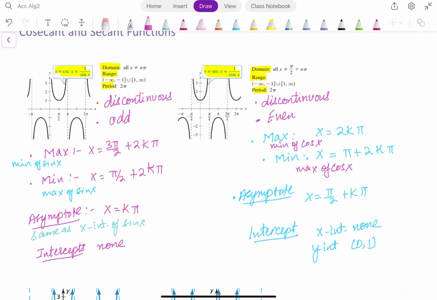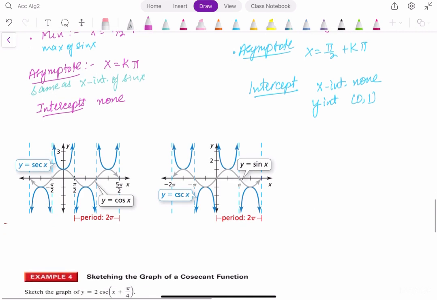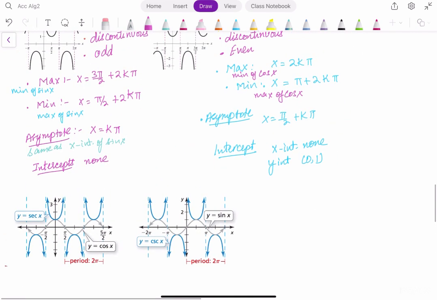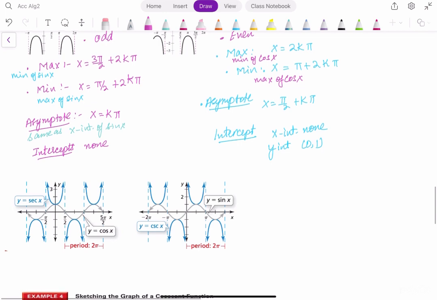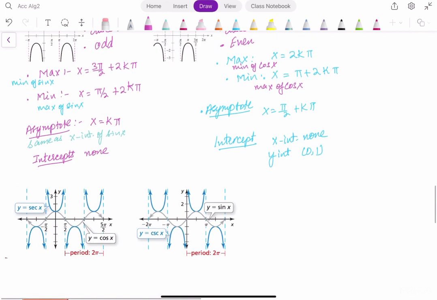Because in the cos function, we have a max at 0, 1, right? So this is how the graph will look like. The first function is for the cos, and you can see cos has the maximum, or the hill, at 0, 1. That is why secant has the intercept there.